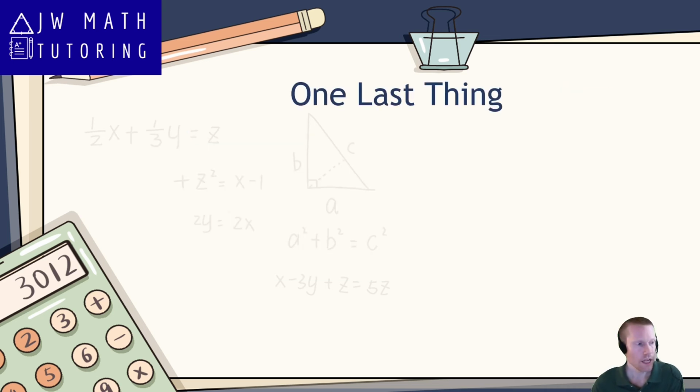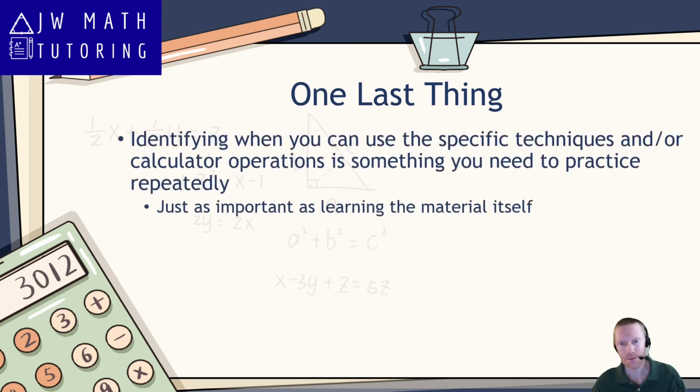Now, one last thing just to keep in mind. Being able to identify when to use these techniques or these specific calculator options is something that you will need to practice and work on. It's going to be almost as important as learning the actual material for the test itself.